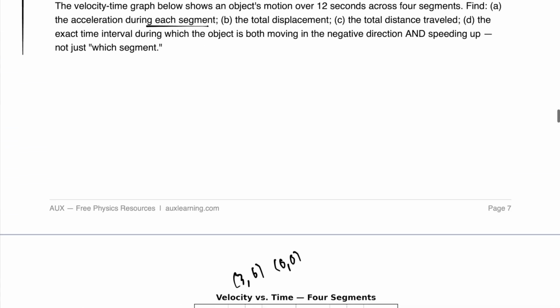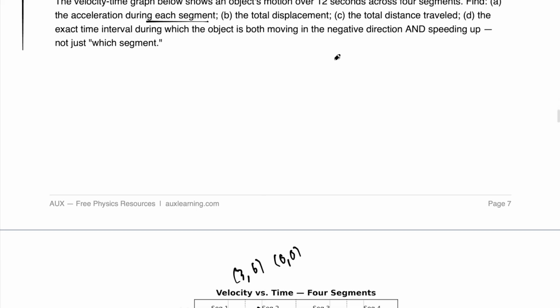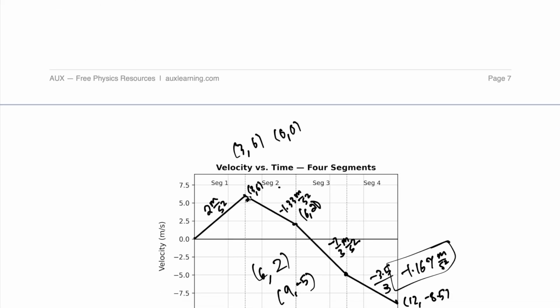Find the displacement, which would just be, so I could just multiply this area all by itself. I'm not going to do that right now because the units are a bit wonky. So I'll leave it to you if you decide to do it.